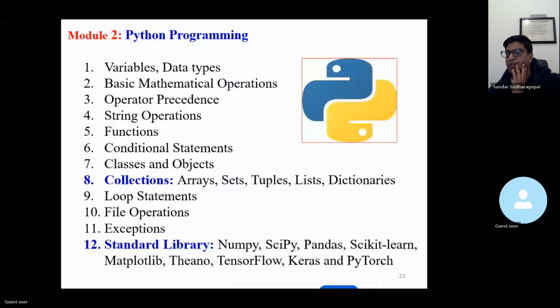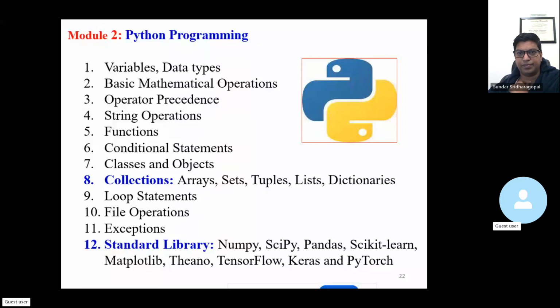Because each company has its own libraries, according to their operating system, they have developed their own products like libraries, and a few from various companies like Google or some other companies, they have developed their own libraries. If you want, you can also develop one library customized for your own applications.